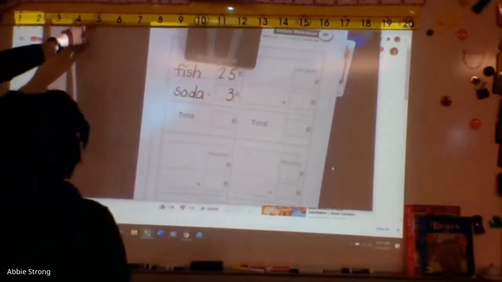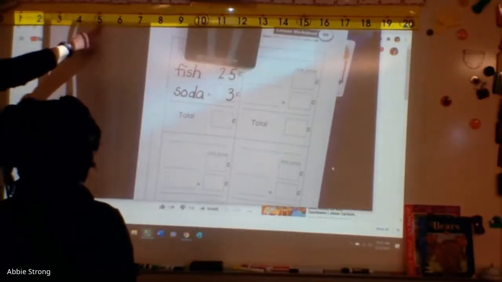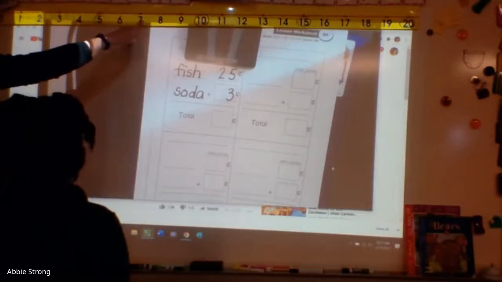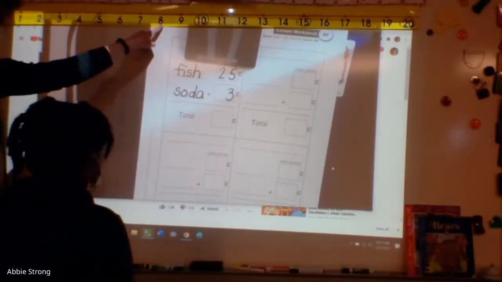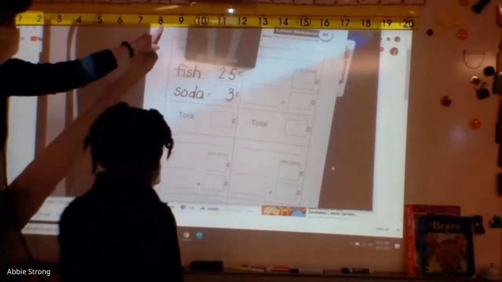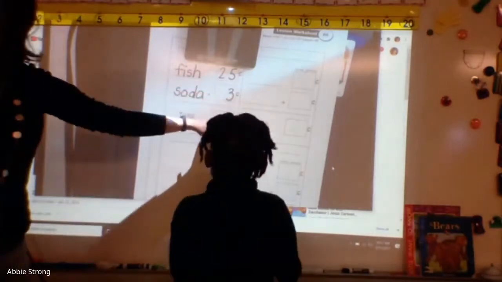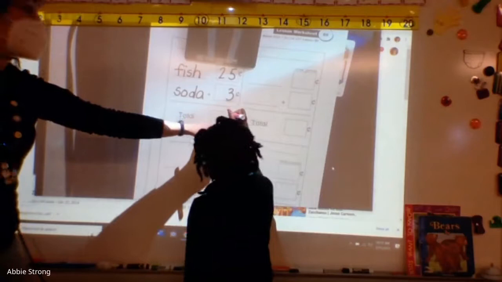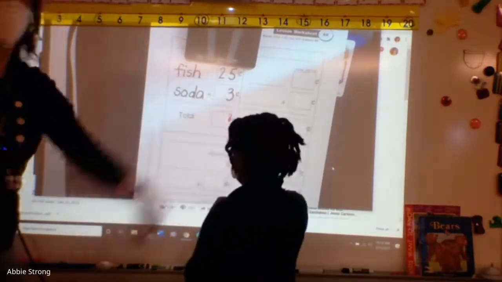Here's our 5. We have to hop 3 more spots. Can you count with me? 1, 2, 3. So I need you to find a marker, and I need you to write this 8 in the line underneath the 5 plus 3. You write it on your paper. If we do it, you do it. You're going to write an 8 in the total section. Yep, 5 plus 3 equals 8.